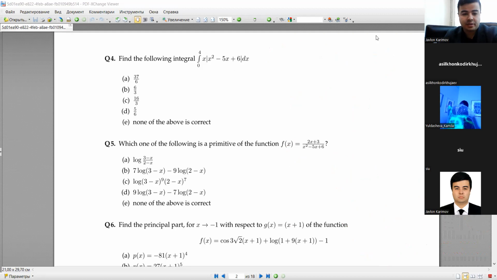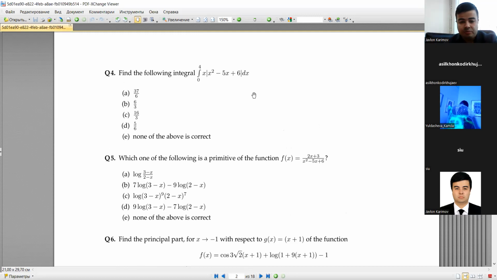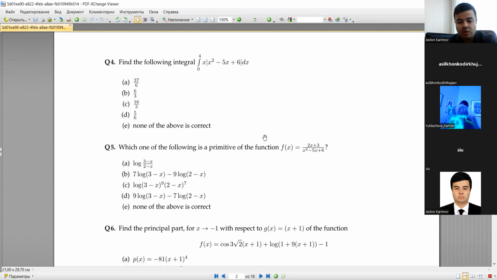Okay, so next, number 5, which one of the following is a primitive of the function? So what should we do here? Any idea? Yeah, correct. So we need to use the decomposition of the fraction into elementary fractions. So here we need to write x minus 2 and x minus 3 again, and use here A and B, correct.